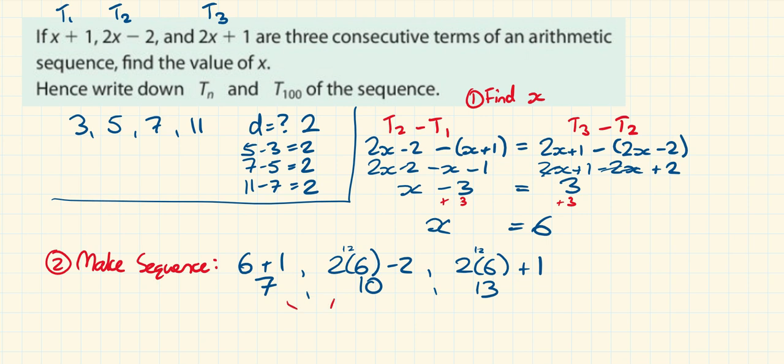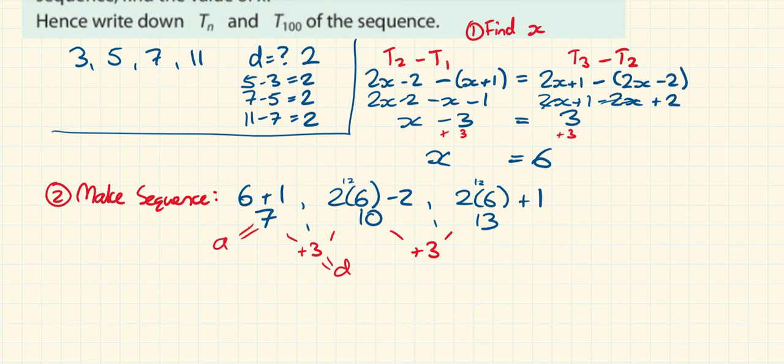Okay, and you can see very clearly how that works. We've got 7 going up to 10, so that's a plus 3 there. 10 up to 13, that's a plus 3 there as well. Okay, so we've got our A, which is 7, and we've got our D, which is 3. So now that we've made the sequence, we've got our A and D, we can now, just as before, find out what Tn is. So we've got, remember, A plus n minus 1 d.